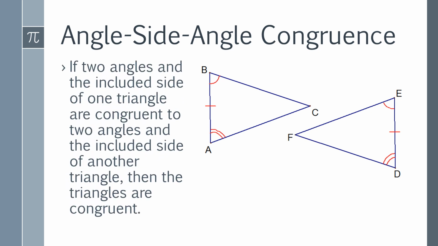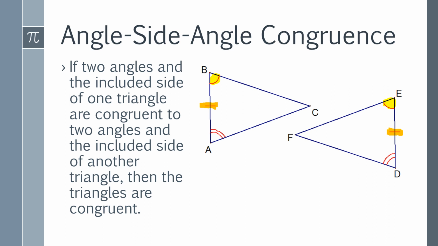Okay, so if two angles and the included side of one triangle are congruent to two angles and the included side of another triangle, then the triangles are congruent. So again, I have this angle here congruent to this angle here. I have this side that's in between these two triangles here.